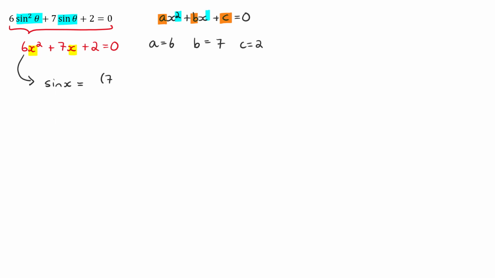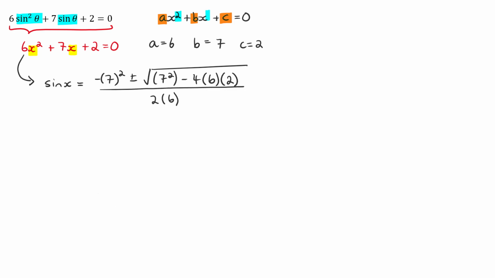So it would become negative 7 plus or minus the square root of 7 squared minus 4 times a times c, all over 2 times a. And when we go and plug that in our calculator, we will get the answers of negative a half. So we would say sine x, not x, because we're dealing with a trig general solution. Sine x is equal to negative a half, or sine x is equal to negative 2 over 3.